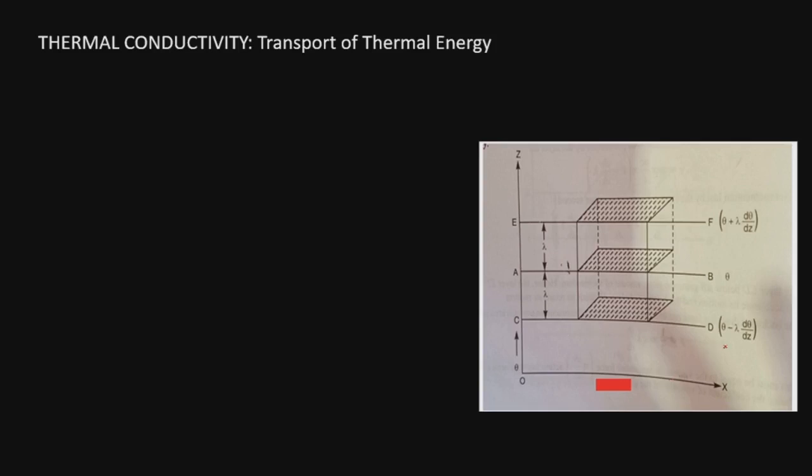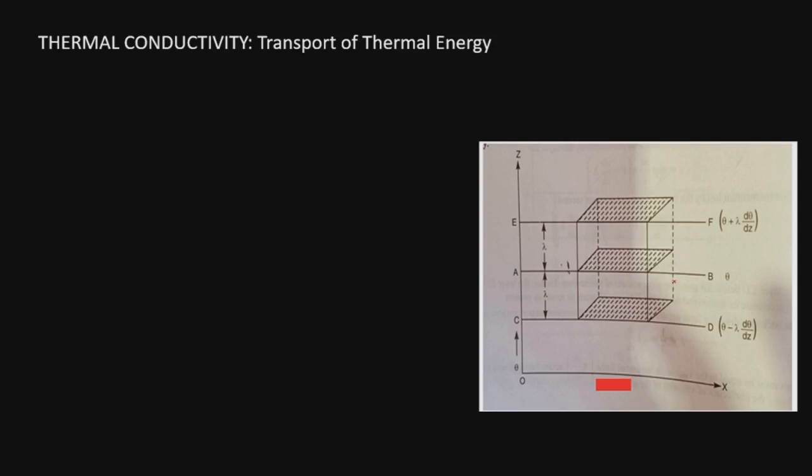Let theta be the temperature of the layer AB. As we have seen in our last case, we take two layers, EF and CD, just above and just below, at a distance lambda from the layer AB.